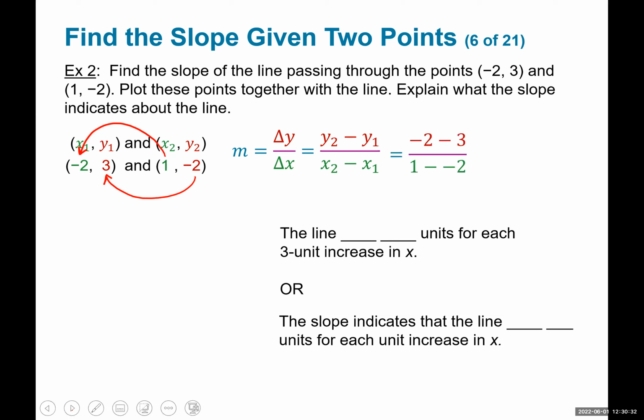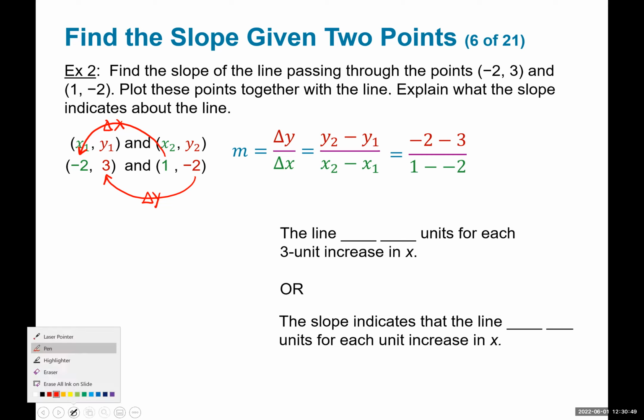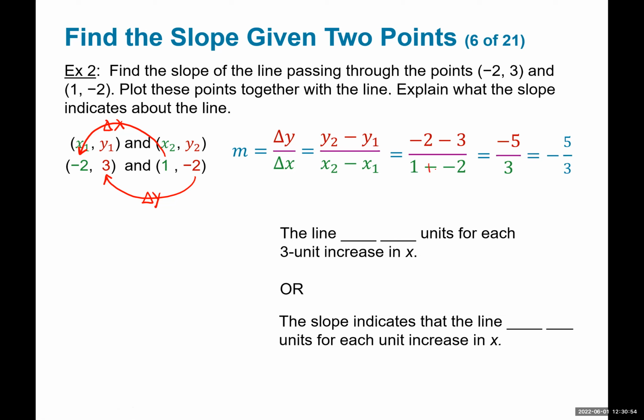Okay. So we're going to do -2 minus 3 right here. This is our first one. And then in the bottom, in the denominator, we'll do the change in x as 1 minus -2. -2 minus 3 gives us -5. 1 minus a -2, you add those two together. That's how we get 3. So that makes -5/3.